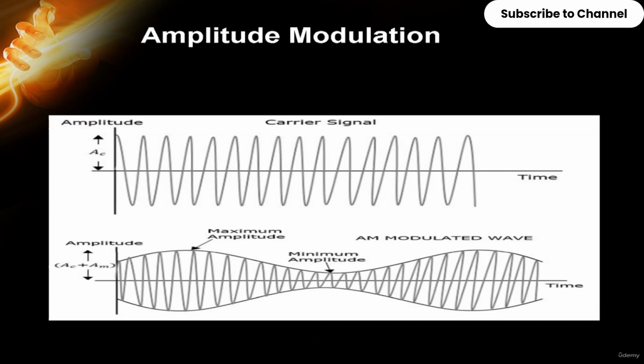So in amplitude modulation, this is the amplitude of the signal, and this is the carrier signal. Here you can see the maximum amplitude according to the signal, and here we have minimum amplitude according to the signal. So this is the amplitude modulated signal, right?